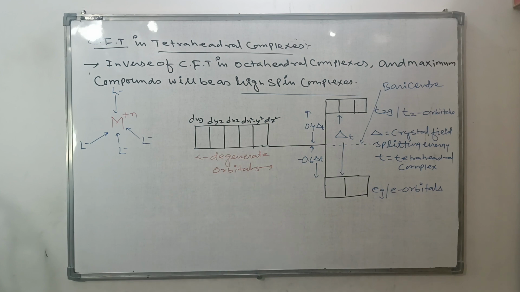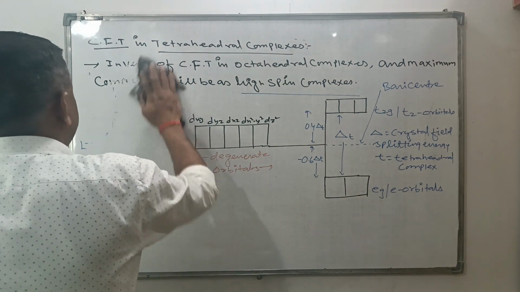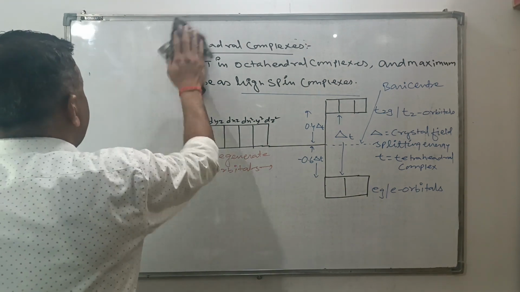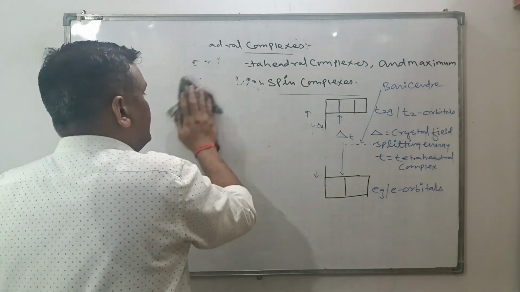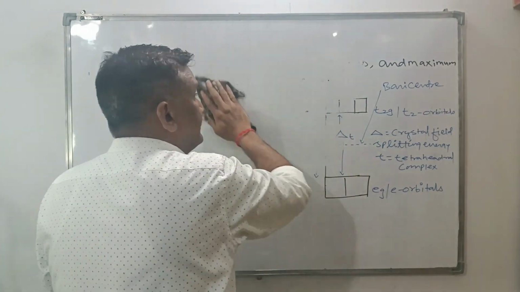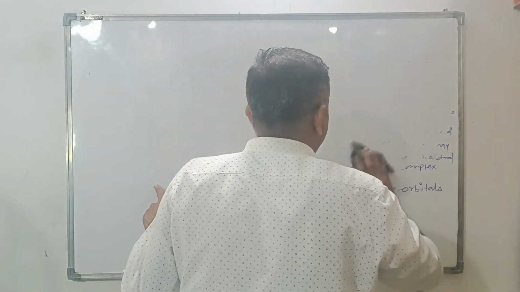Now I would like to go with the different d configurations of the tetrahedral complexes. What are they? Listen to me carefully. It's too important.